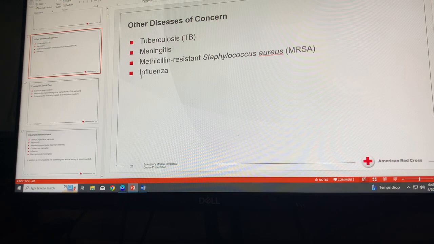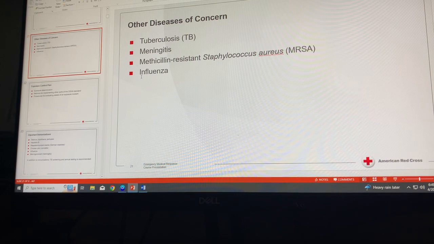When MRSA occurs in groups of people who have not been recently hospitalized or have not had a medical procedure, this type of MRSA is referred to as community-associated MRSA. For example, it can occur among young people who have cuts or wounds and who are in close contact with one another, such as members of a sports team.